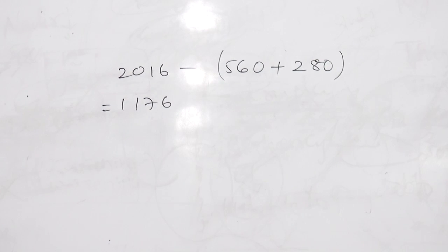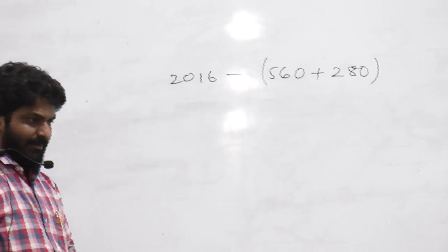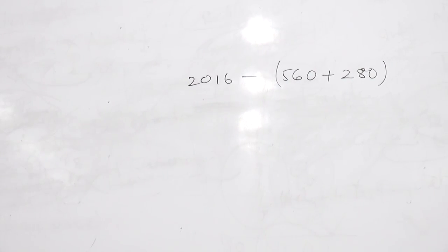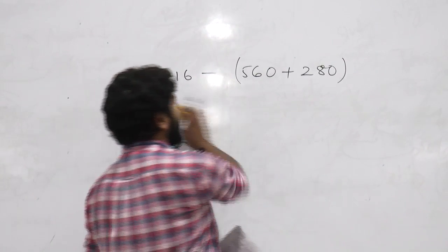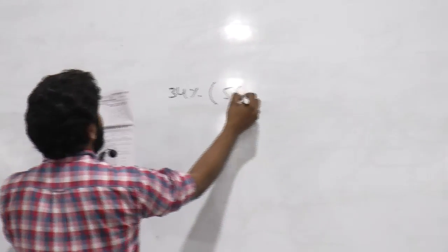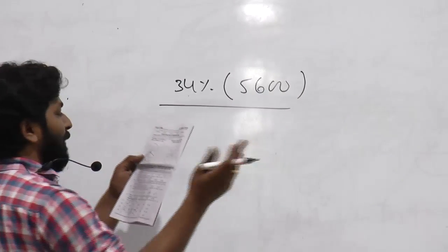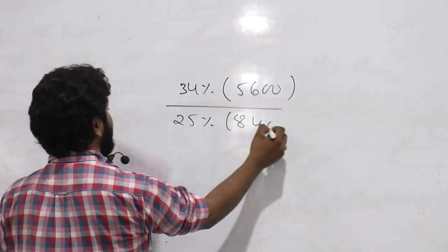Question 48. What is the respective ratio between total number of female from schools A and D together and total number of male from these 2 schools together? Female to male ratio here also. A and D. Female are 8 plus 26, that is 34% of 5,600, and male percentage for A and D is 25% of 8,400.